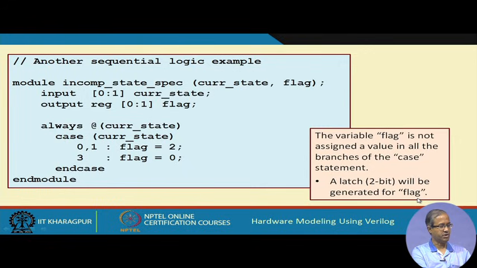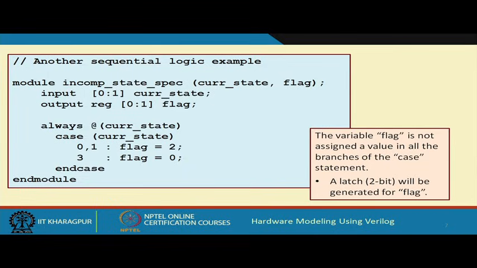This is how it will work, right. Now, as a designer, I know that if I specify a circuit like this by not specifying all the case conditions, then the synthesizer will generate a latch, although I do not want this to be a sequential circuit.